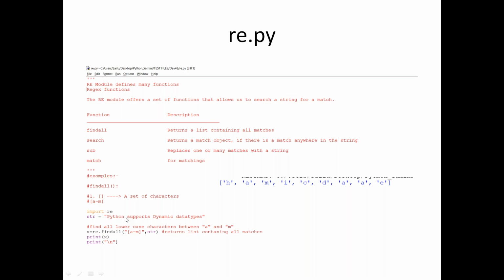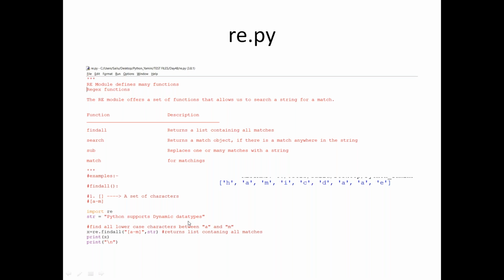Now this statement, instead of writing it multiple times in my entire program, I just stored in a new variable called str. So whenever I call str, it's nothing but the entire statement I have: Python supports dynamic data types. You can write any lengthy statement as per your requirement. Now in this statement, I want to find the lowercase letters.